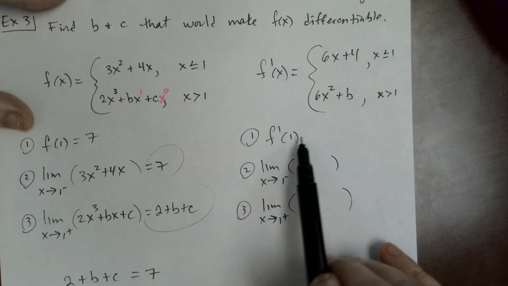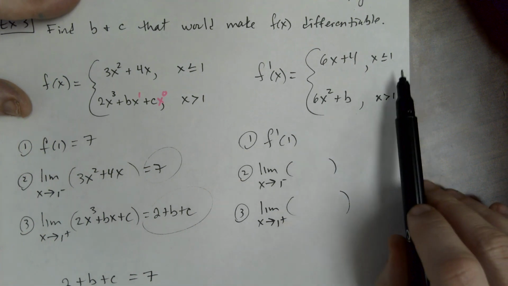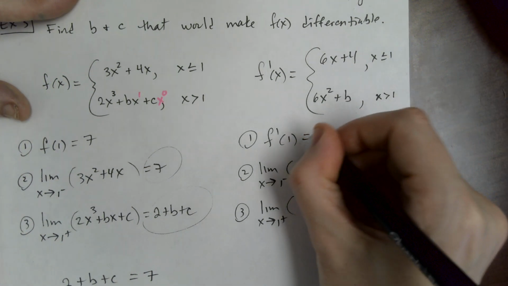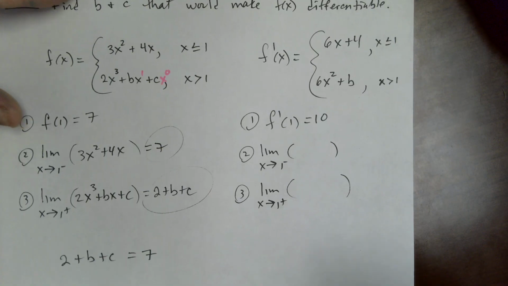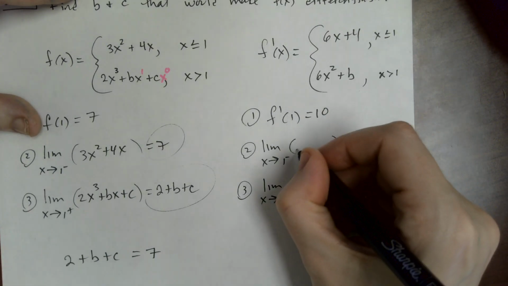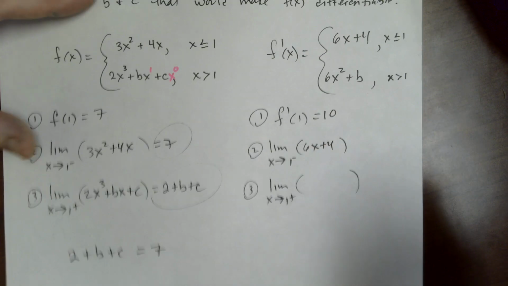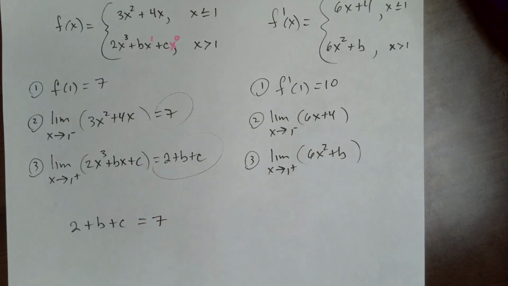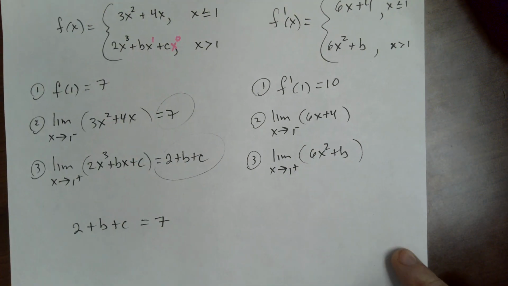Okay, so f prime of 1. So I'll be plugging 1 up here, and I get 10. All right, and then for the limits, for the left-hand limit, I'm going to use the top piece and then the bottom piece for the right-hand limit.